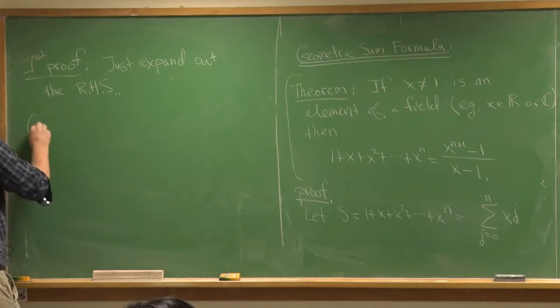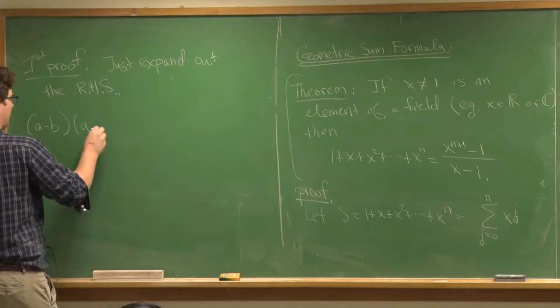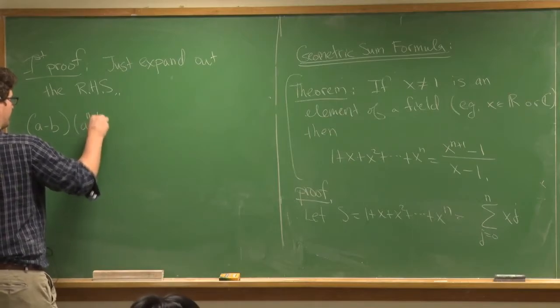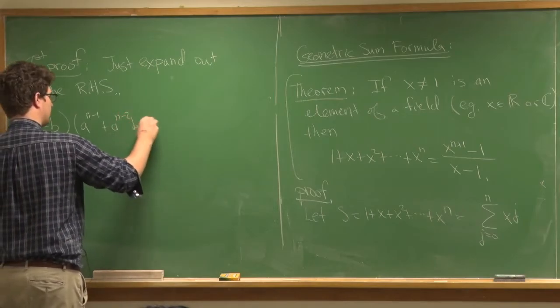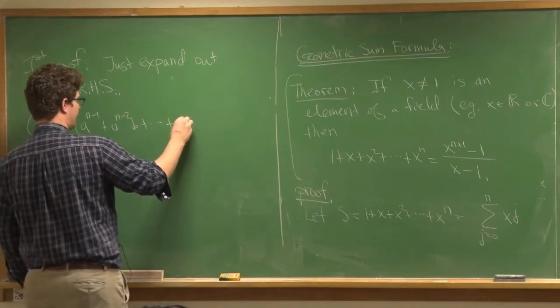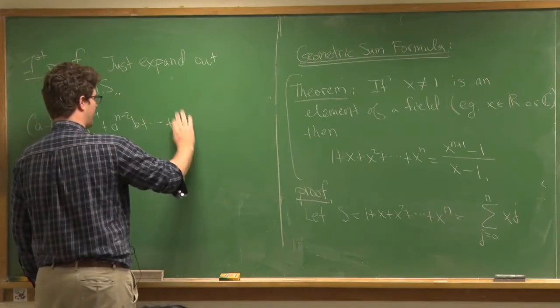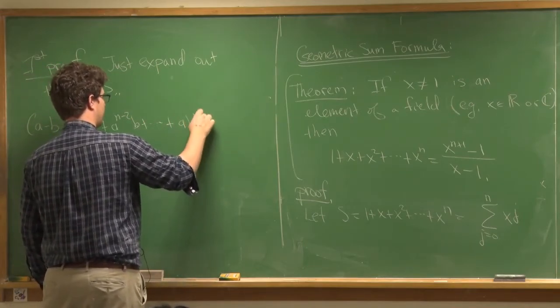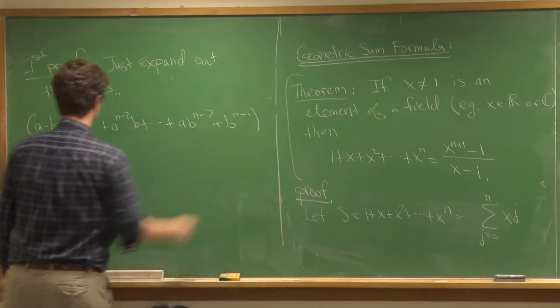We have a minus b times this sum here: a to the n minus 1 plus a to the n minus 2 b plus, and then let's add another term just to be safe, a b to the n minus 2 plus b to the n minus 1, like this.